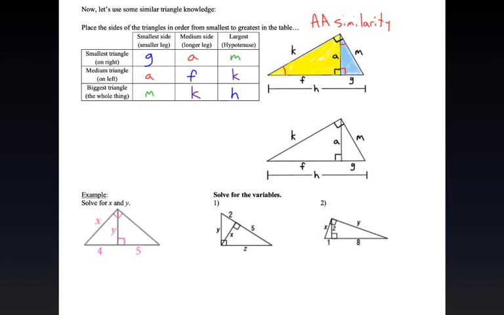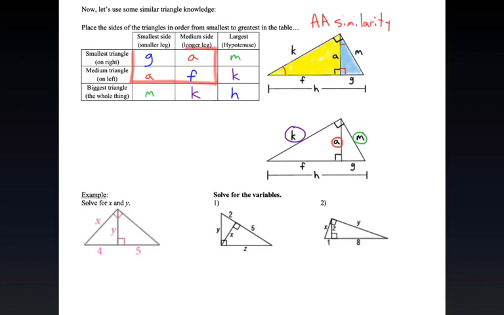They have two roles here. A is the smallest side of the yellow triangle, the one on the left, and it's the medium side of the blue triangle, the one on the right. K is the medium side of the biggest triangle and the hypotenuse of the yellow one on the left. And M is the hypotenuse of the blue one, and it's the smallest side of the biggest one. There are dual roles. That's why K, A, and M show up twice.